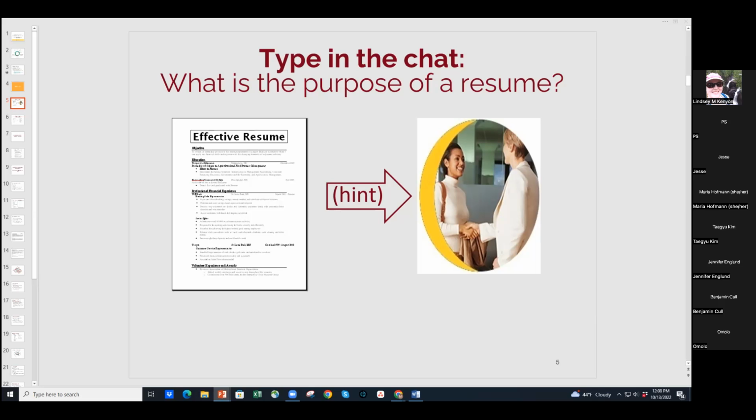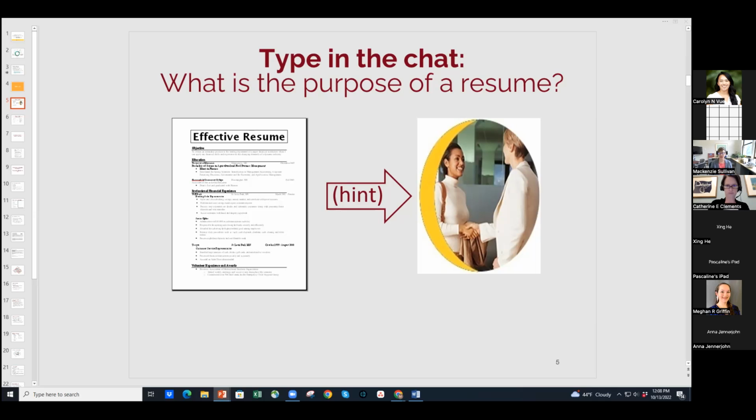Great, I see. Highlight your relevant qualifications and experiences, show skills and fit with the job. Yes, good. Showing credentials, yep. Overview skills and qualifications, yes.